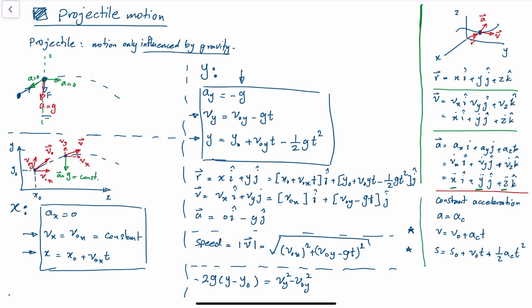I think I'm out of space, so that is all good for now. Here, for instance, when you want to find the maximum height of a projectile, you know that by definition maximum height happens when there is no further velocity component in vertical direction. So this vy square would be 0. Knowing the initial vertical launch velocity, you can find the maximum height.